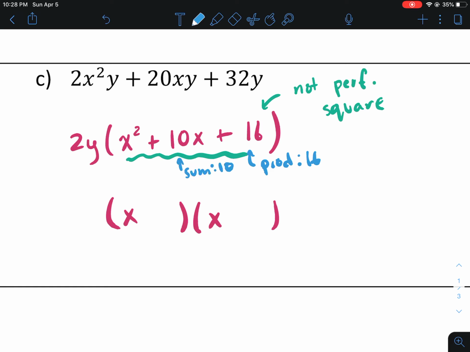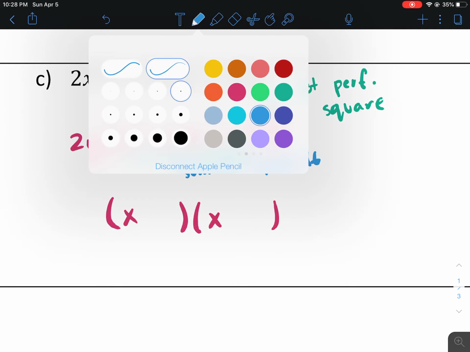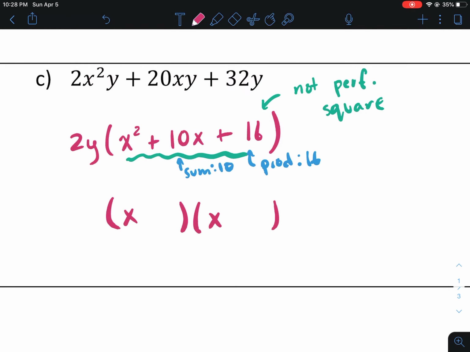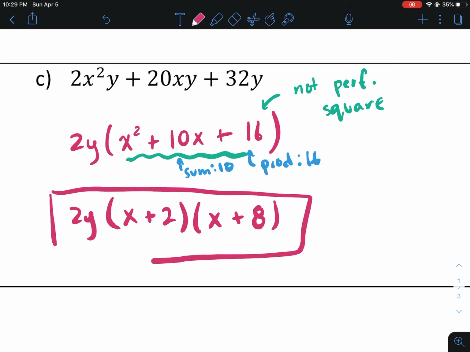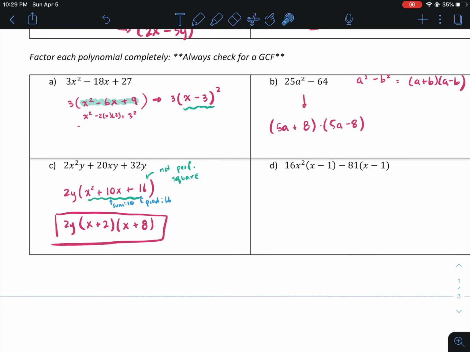So although it's not a perfect square, there is a way to factor it. We can say (x plus 2) and (x plus 8), because 8 times 2 is 16, and 8 plus 2 is 10. So this is the completely factored form: 2y times (x plus 2)(x plus 8). Even though we don't have a perfect square, we fall back on what we learned last week with the product-sum rule, okay?